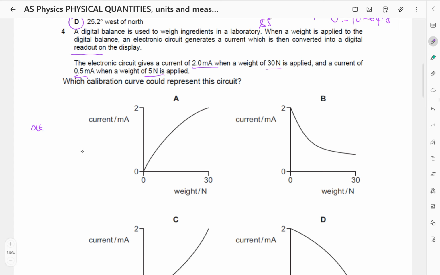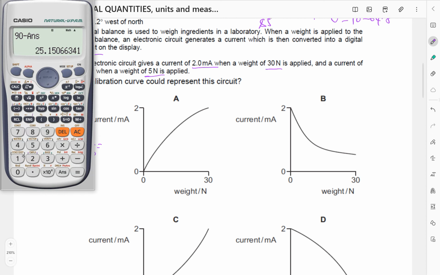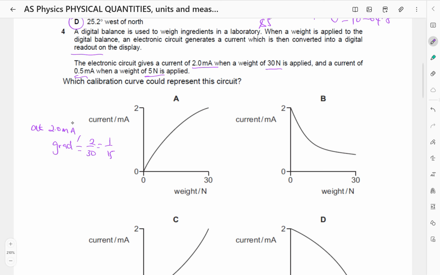So at 2.0 milliamperes, the gradient is going to be 2 divided by 30, which I think is 1 over 15. Let me just leave it as 1 over 15.